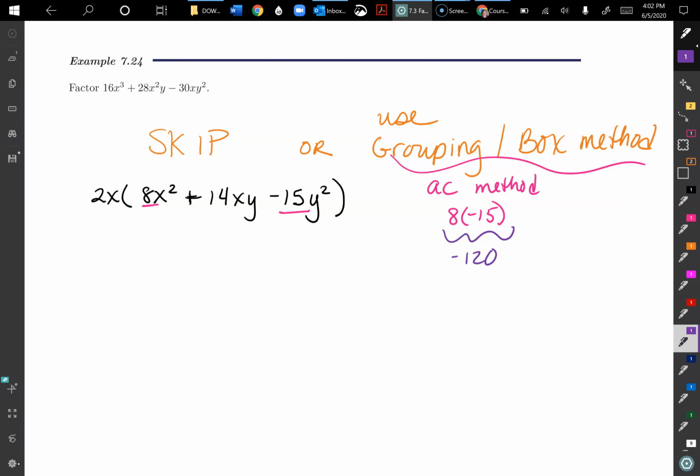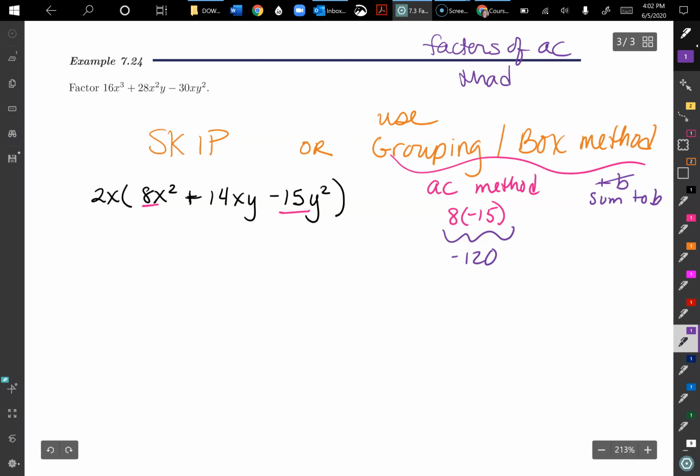And then once I do that, I have to add to B. Not add B, but maybe we should say sum to B. They have to be factors of AC that add to B. Okay, so my B that I'm looking for is positive 14.